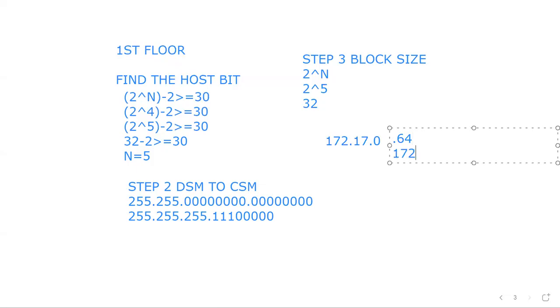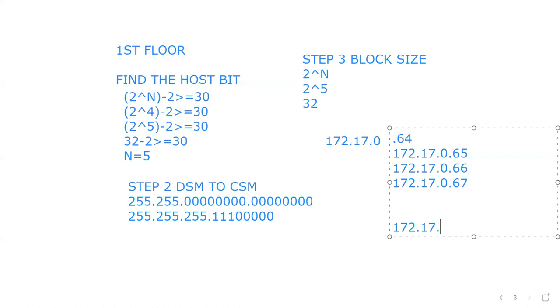Then 172.17.0.65 is our valid IP, 172.17.0.66 is a valid IP, up to 172.17.0.95.